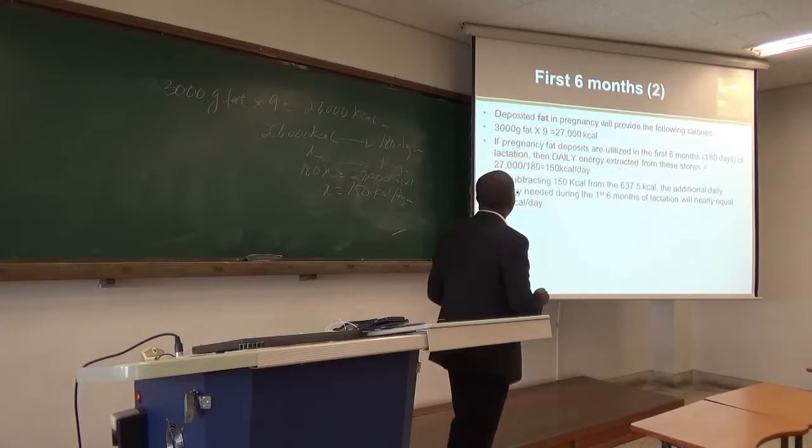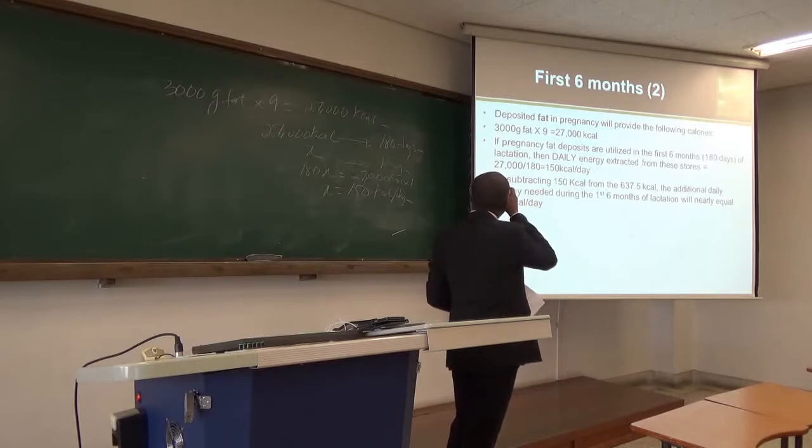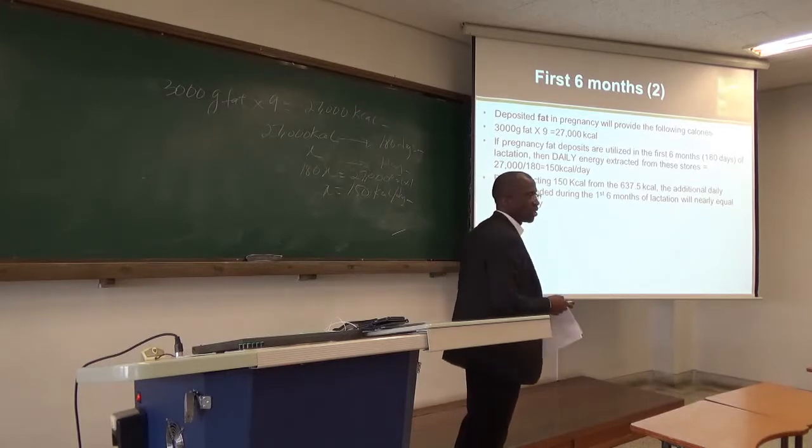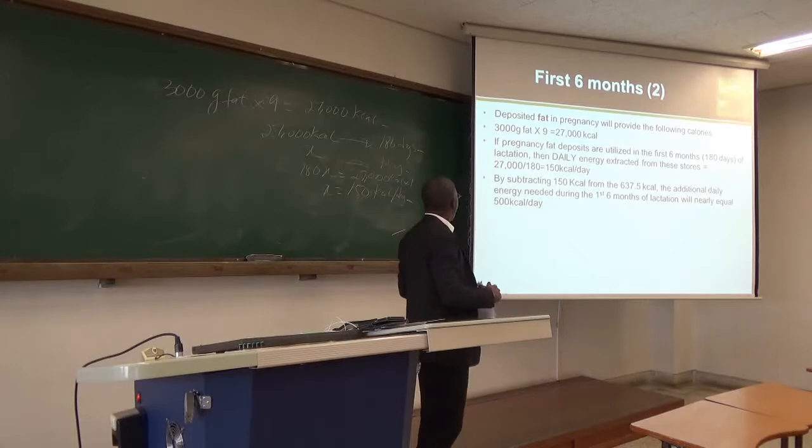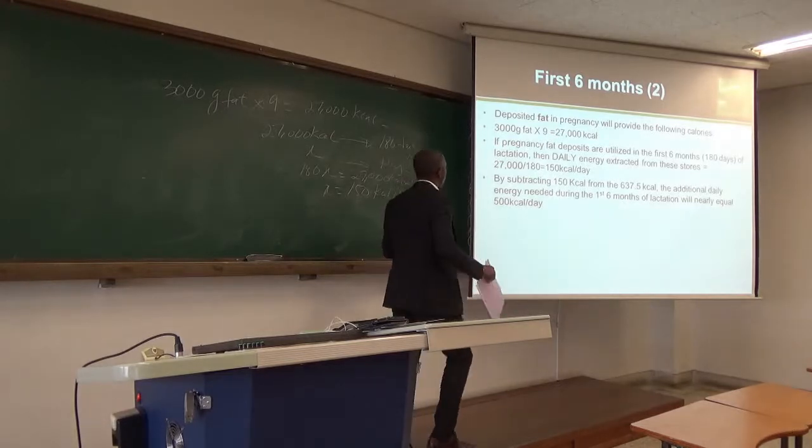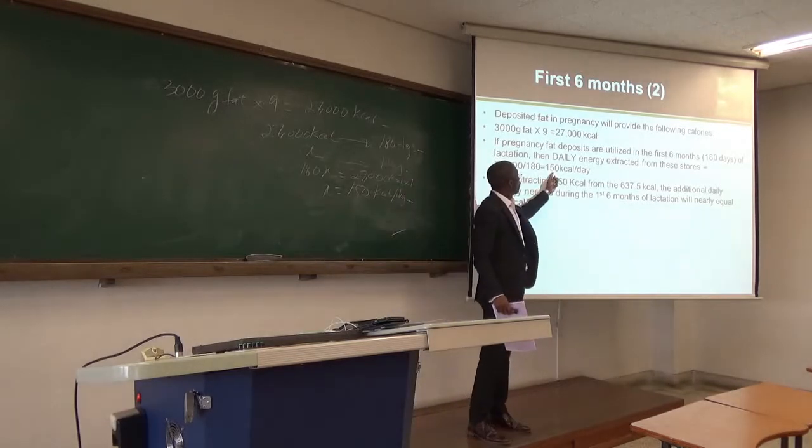Okay, so now what do we have? I think there's like a little thing here. I put 0.5, but we can stop at 637, right? So now what do we do? I have 650 kilocalorie per day.